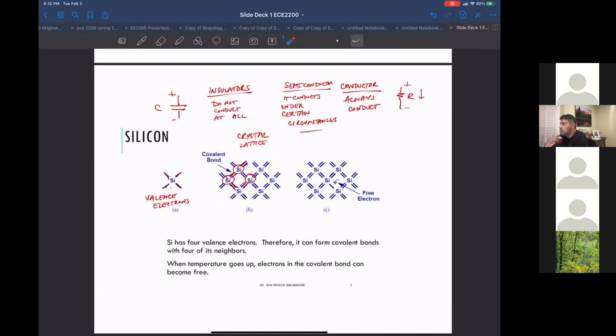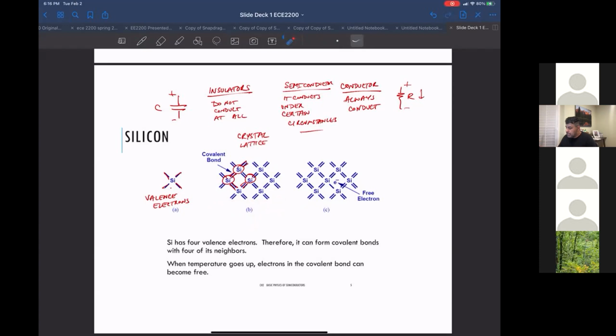A conductor has an ocean of free electrons. And in a semiconductor, when all the covalent bonds are taken, there are no free electrons, so it's acting like an insulator in that case. Now, fortunately, this is only the case at 0 Kelvin temperature, so that means at minus 300 Celsius, when you're very, very cold, at low energy.